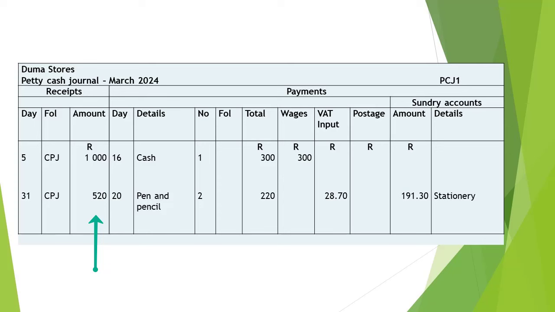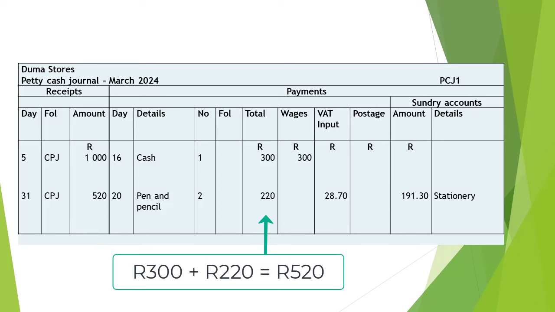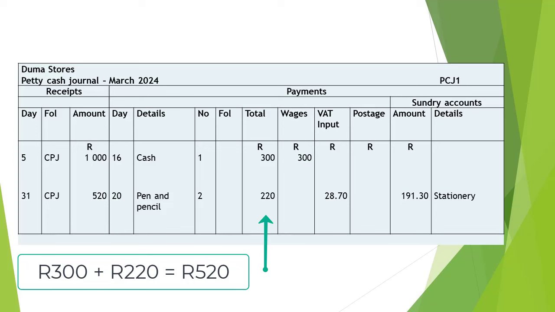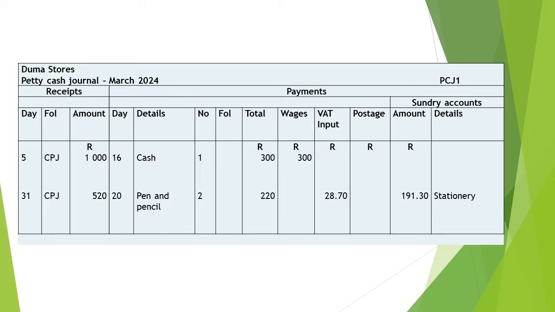The 520 Rand was calculated by adding the total column under the payment section. Therefore, 300 Rand plus 220 Rand is equal to the 520 Rand. We are restoring what we paid out of the petty cash in order to have the cash float at 1,000 Rand at the start of the next month.